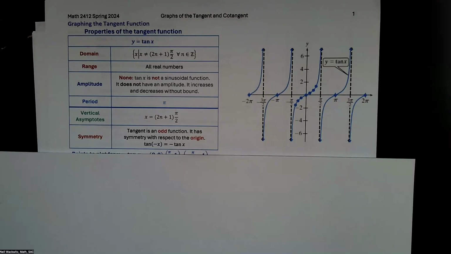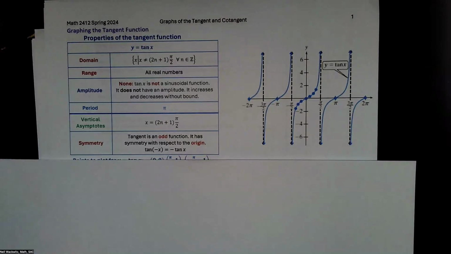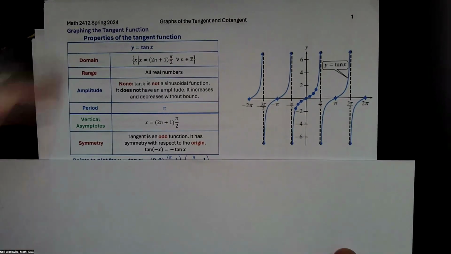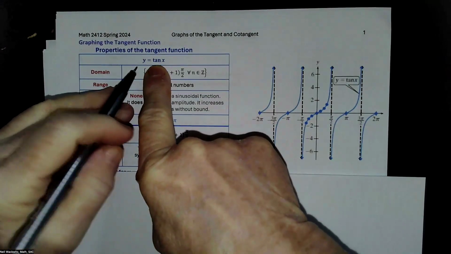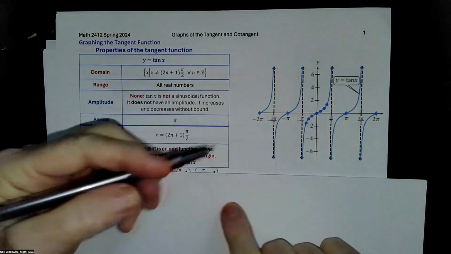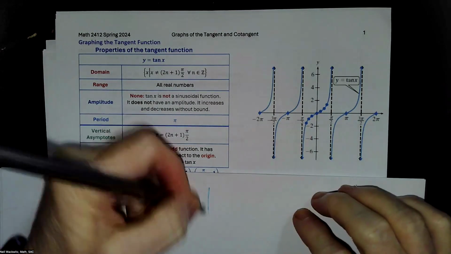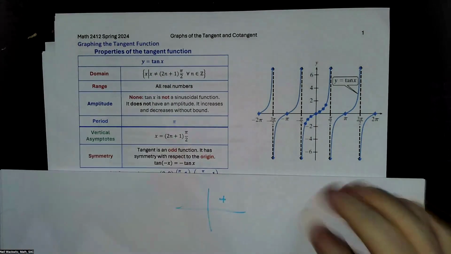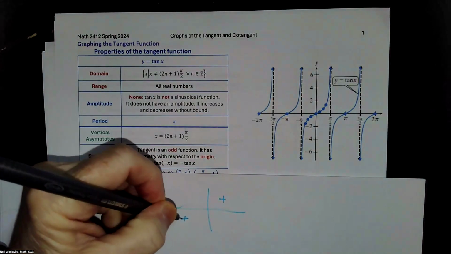So we're looking at the last two functions before we do a little bit more with modeling, which is pretty cool. So we know that tangent repeats every other quadrant because tangent is positive in quadrant 1 and positive in quadrant 3.